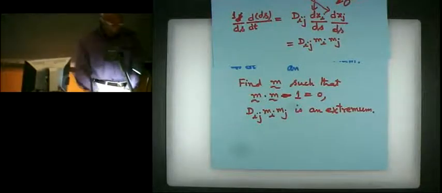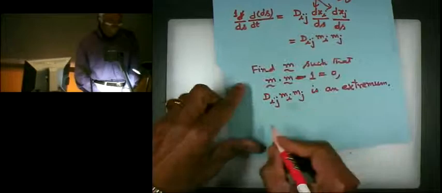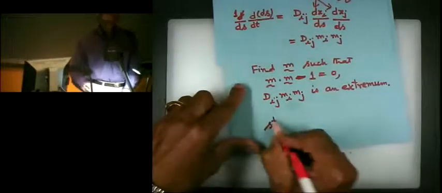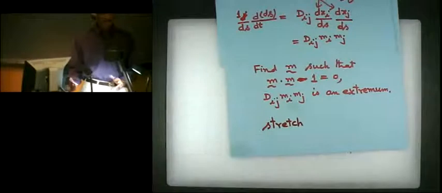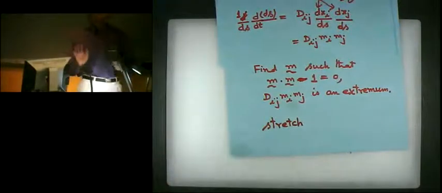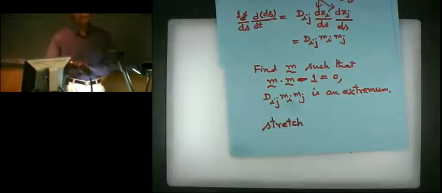An eigenvector of D will give us the direction along which stretching occurs. Stretch is strain, is change in length. Roughly, stretch is final length over initial length.